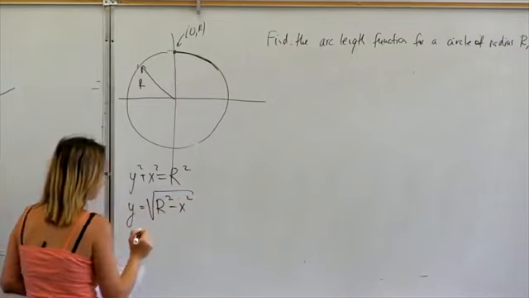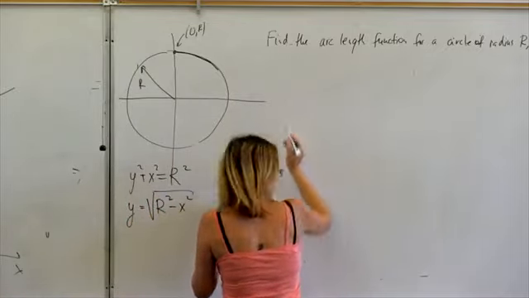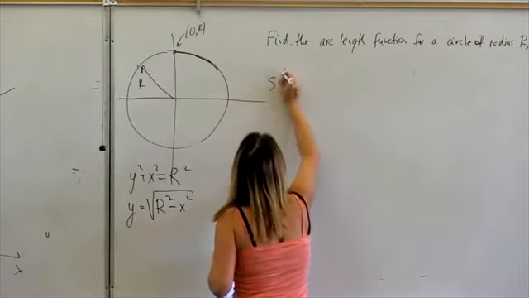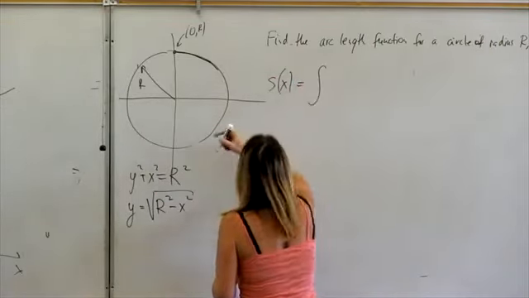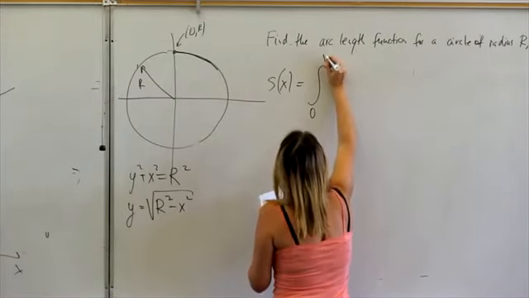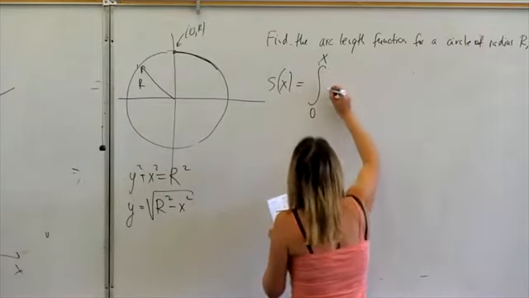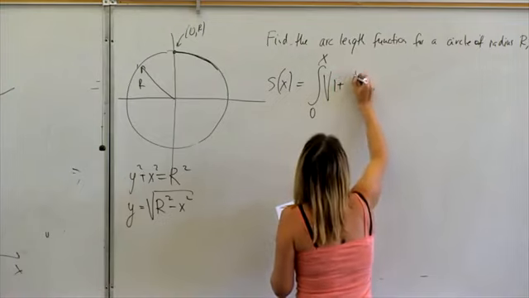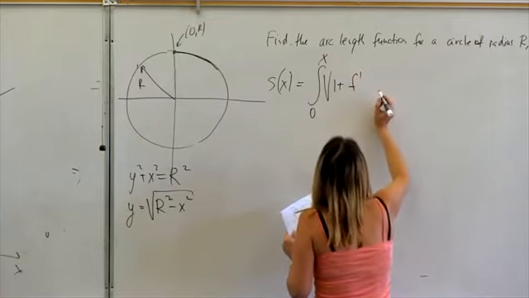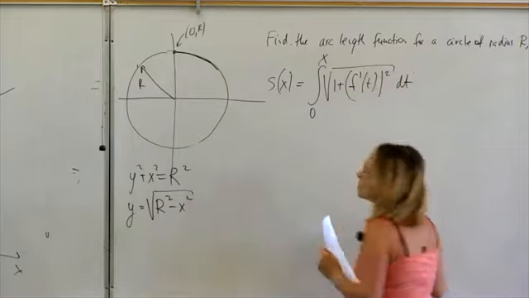x squared. Okay, so the arc length function, s of x, is going to be equal to the integral from 0 to, let's call it x, of the square root of 1 plus f prime of t squared dt.